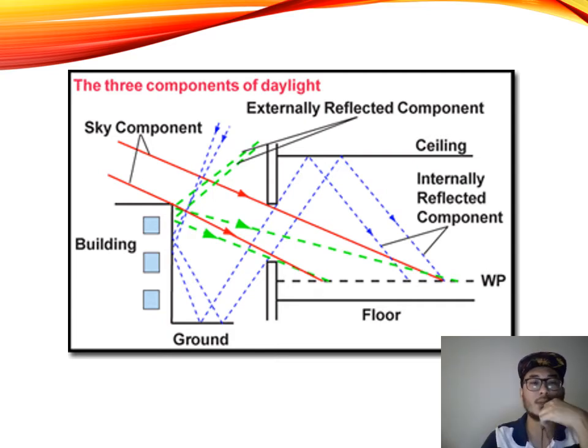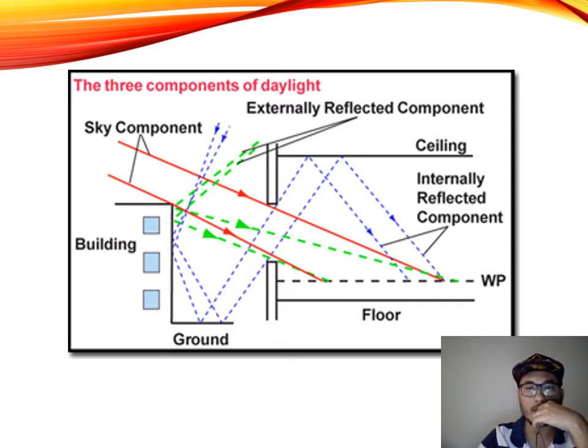So what you can see in this diagram are the 3 components of daylight. The number 1, the sky component, in red lines, shows the light directly from the sun through the window.